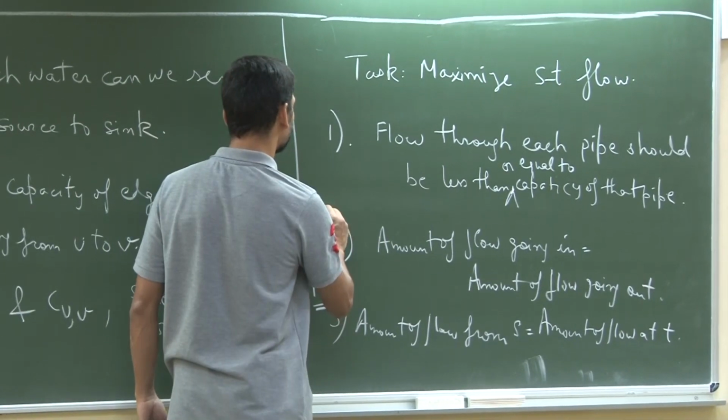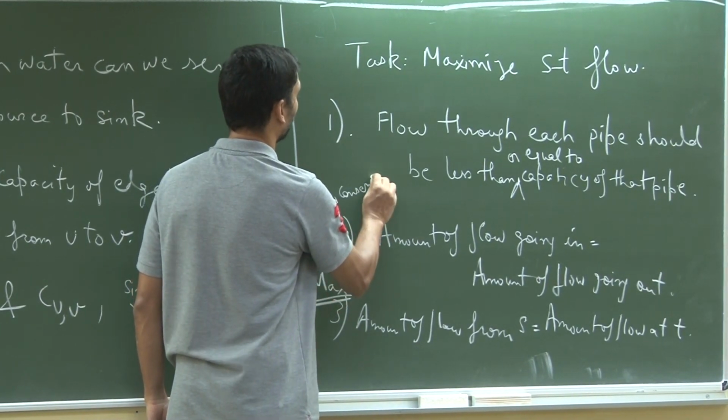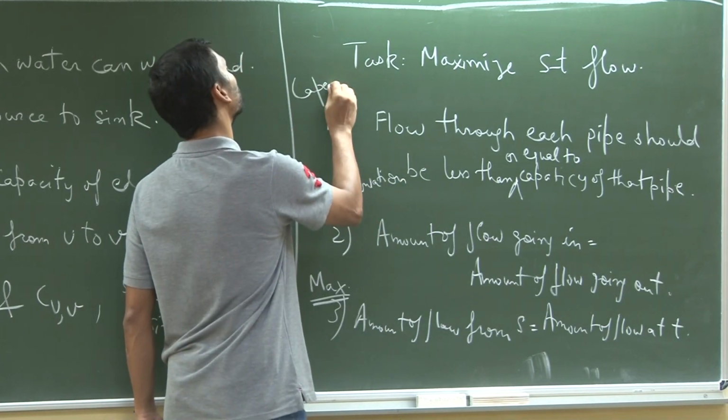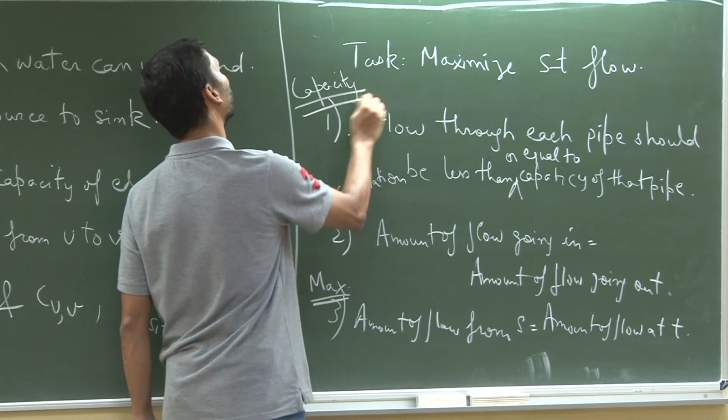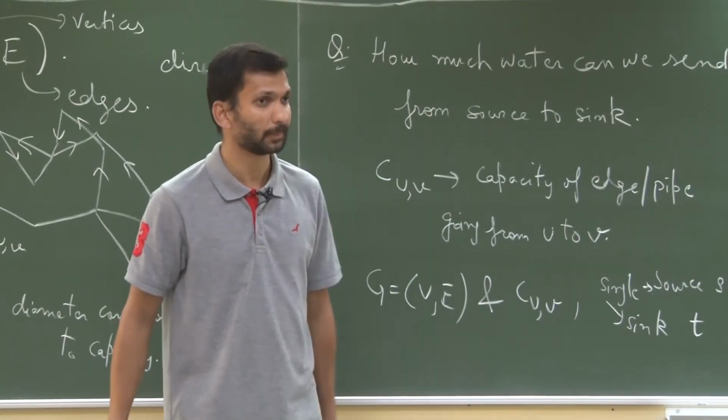This is the flow conservation constraint, and this is the capacity constraint. Correct?